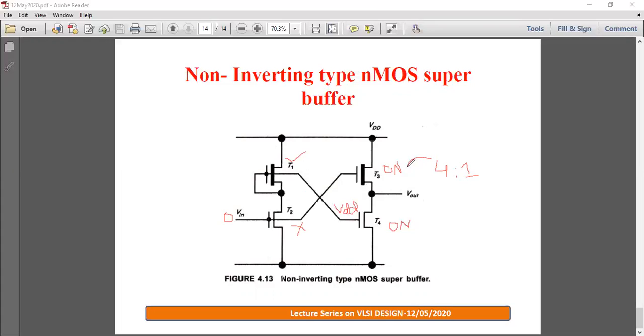This is pull up ratio 4, pull down ratio is 1. So pull down has less delay, 1 tau, pull up has 4 tau as a delay. Since pull down has less delay, Vout will be shorted to ground. So Vout will be 0. So when Vin is 0, you are getting output as 0, again a non-inverting state.